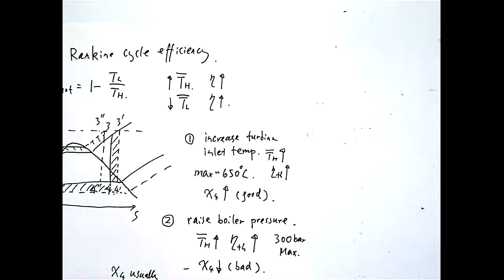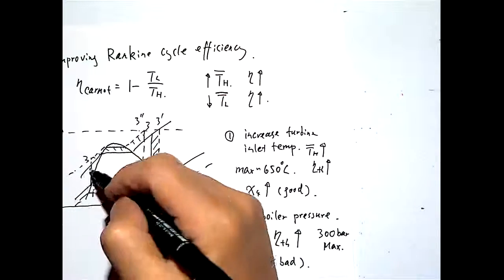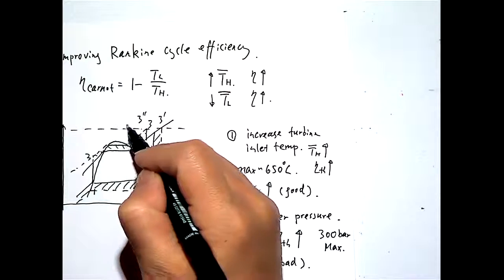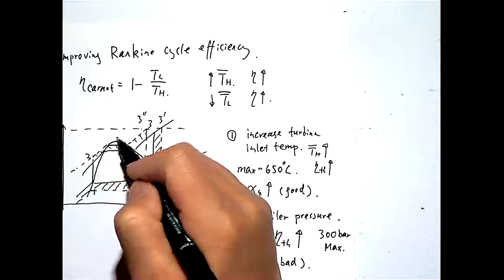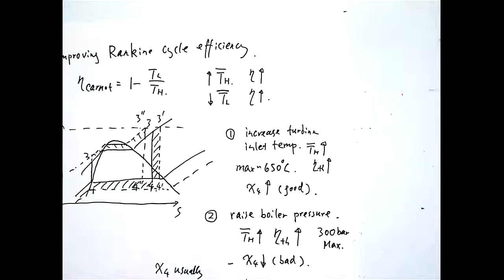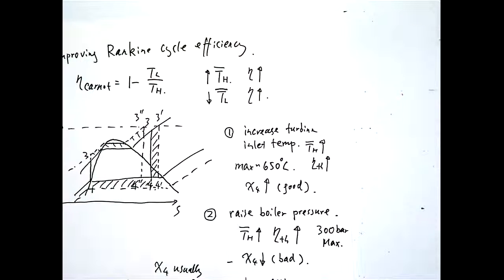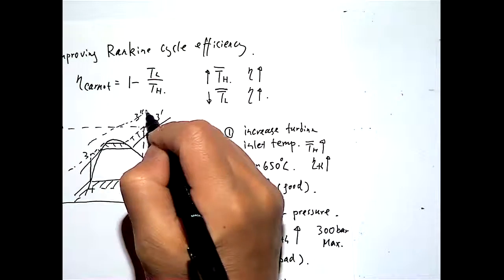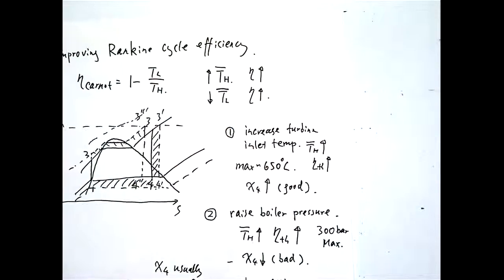The boiler generates the supercritical water, which then goes through the turbine and then the condenser. In the TS diagram, it's a line going up and then going down. You don't have a horizontal line, you don't have a distinctive phase change step. That's the so-called supercritical steam cycle.